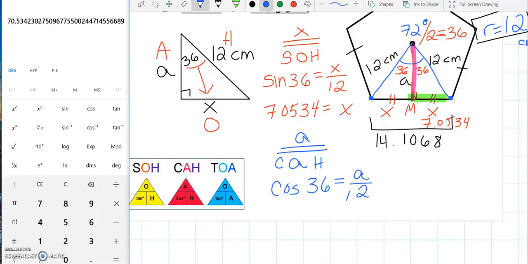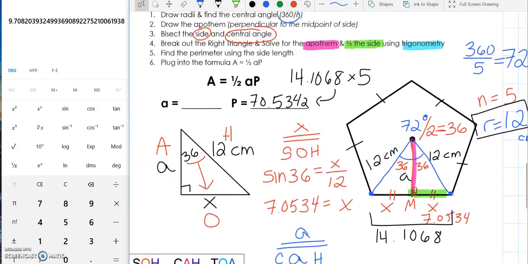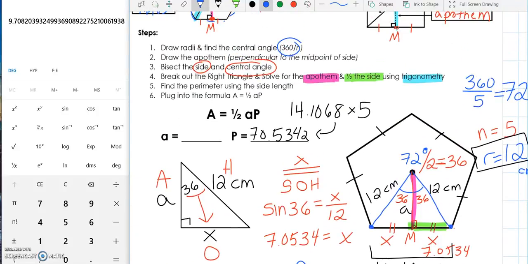Cross multiply, and we get in our calculator 36 cosine first, times 12, so it's going to be 9.7082. That is your apothem. That's the length of your apothem. Awesome. Bring it right up here. Write it down. 9.7082.